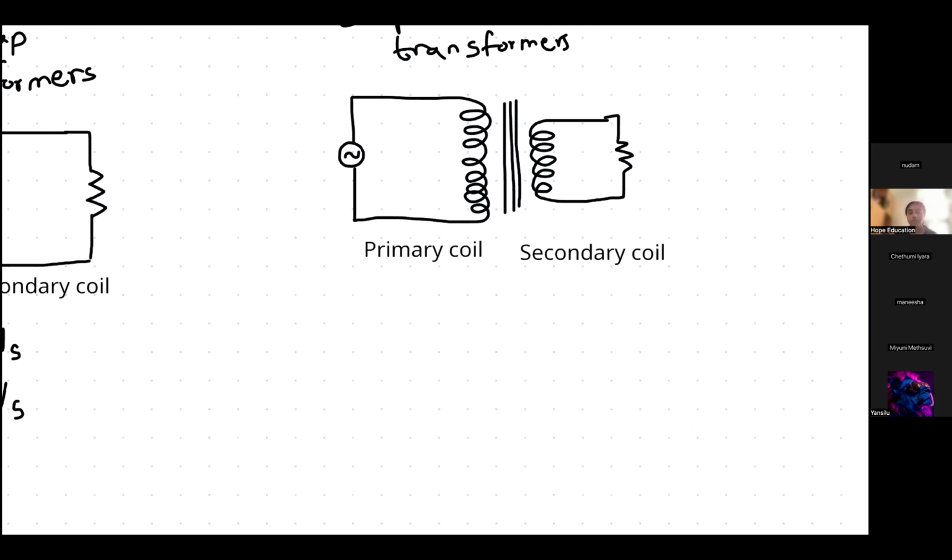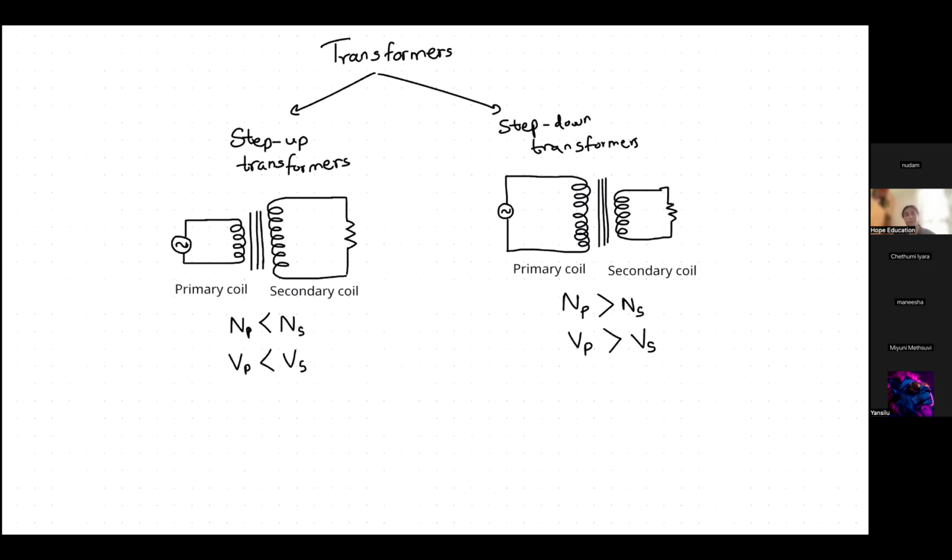In a step down transformer, the number of turns in the secondary coil is less than the number of turns in the primary coil. Therefore, the voltage is also less in the secondary coil. Therefore, we use a step down transformer to reduce the voltage.